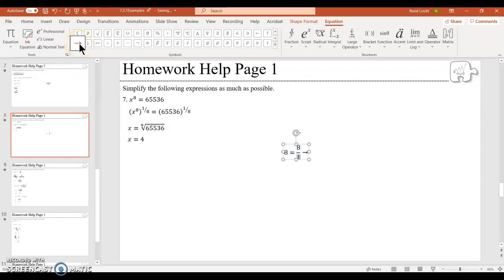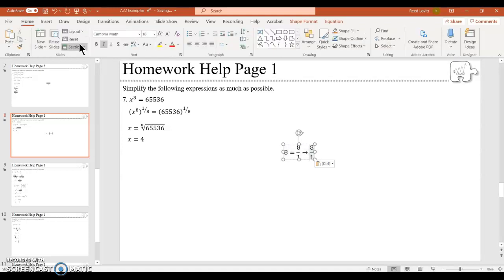Which becomes 1 over 8. All right, there we go.